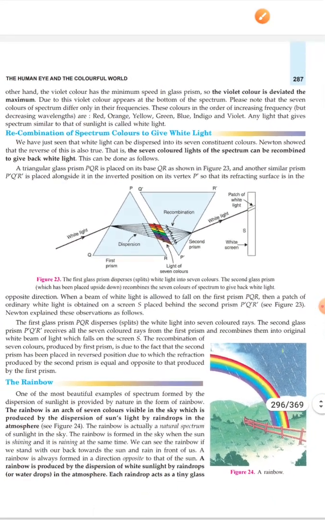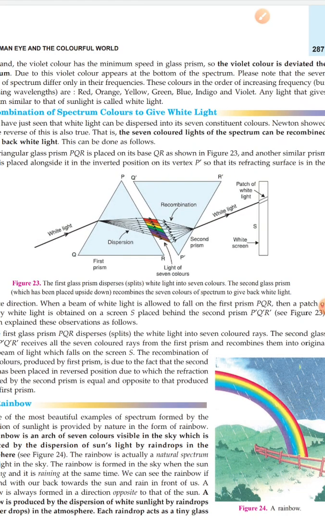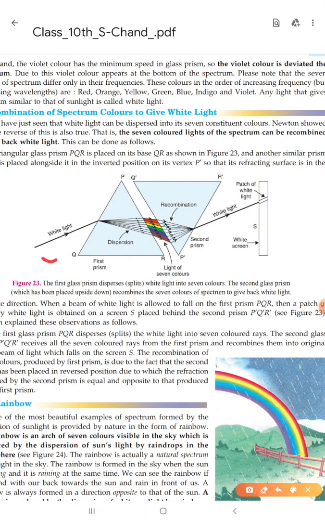We place a second glass prism, placed upside down, which recombines the seven colors of the spectrum to give back white light. This is white light, and then this is also the same white light. How to do it? You can see here, at first we should have two prisms. The first prism will convert it into seven colors. Then we will place the second glass prism, which has been placed upside down.